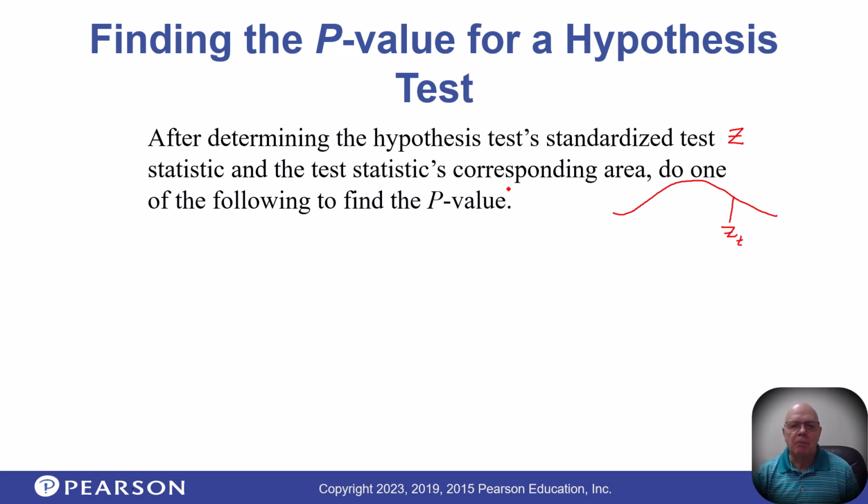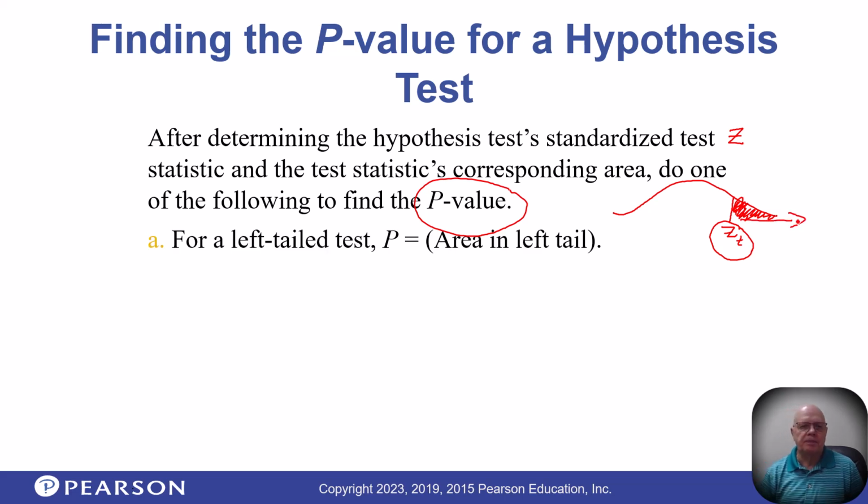And to get the p-value, we're going to do something we've done many times in the past. We're going to find what the probability is of getting a value of this value or higher even. For a left-tailed test, we'll be talking about the area in the left tail. We'll be calculating that.